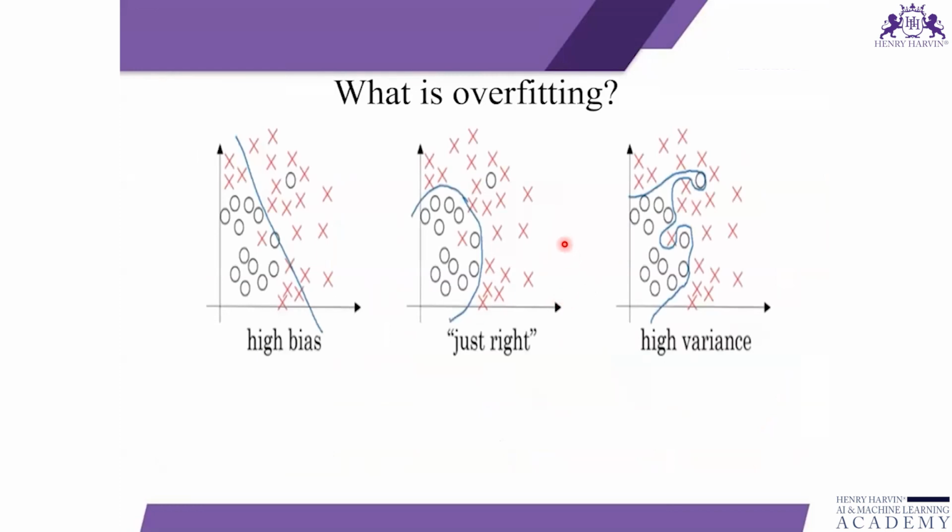See, for example, here we have trained the model only with 1,000 data points, and now I have 1 million or 1 billion data points. Since there were 1,000 data points, the model is able to memorize all of them, so it is giving a very good accuracy on the training data set. That is why it is overfitting.